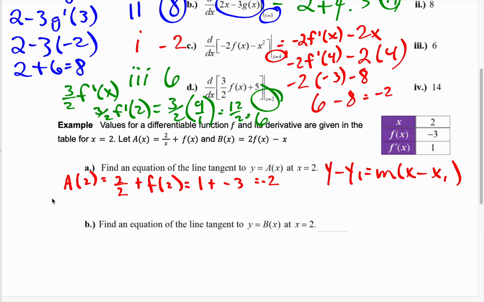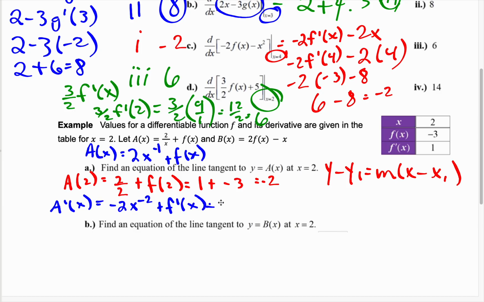Okay. So we're going to rewrite a of x as 2x to the negative 1 plus f of x. So when we take a derivative, we get negative 2x to the negative 2 plus f prime of x, which is negative 2 over x squared.